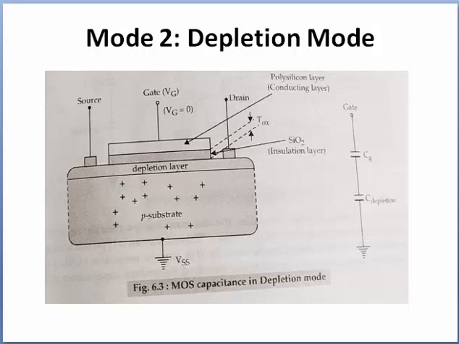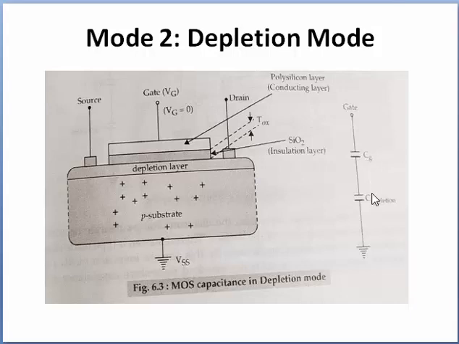By these factors, the depth of the depletion region surface also increases with the increase of the gate to substrate voltage, that is VGSB. So this is the capacitance that is formed in the depletion mode region.